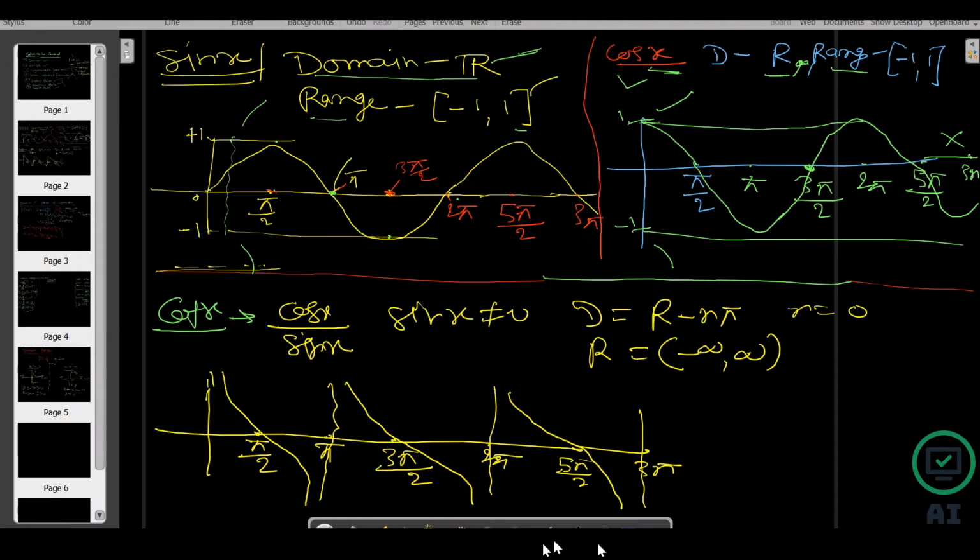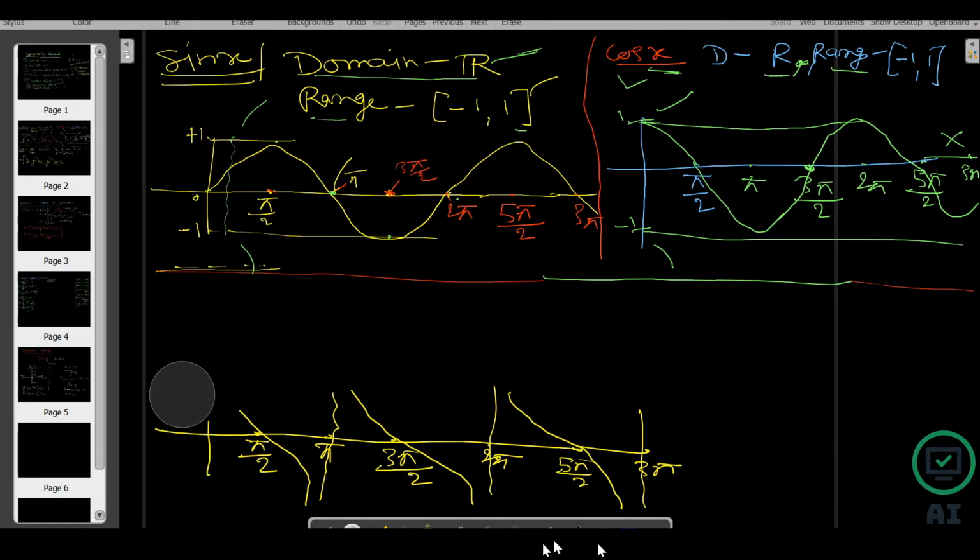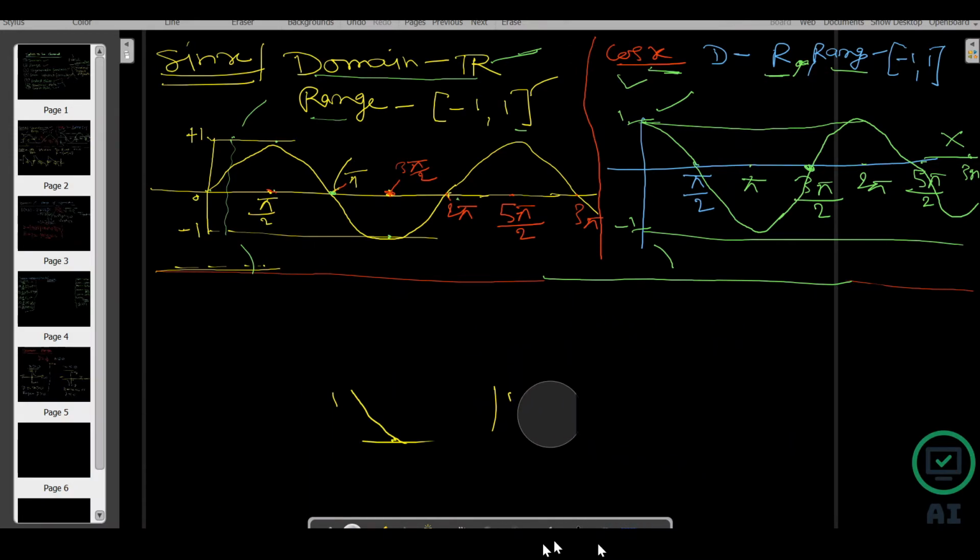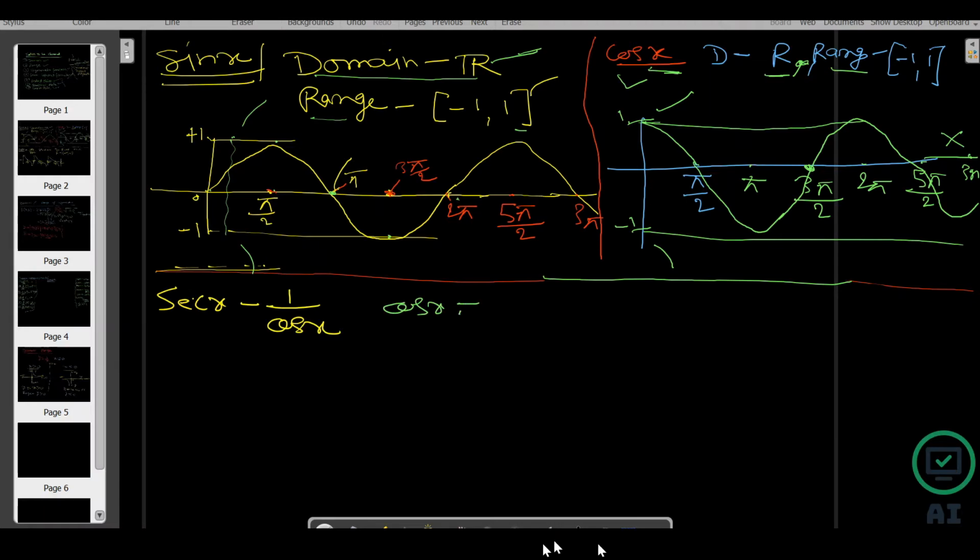So let's understand another one. Now let's see sec x. How to write sec x? It is 1 by cos x. So here the cos x should not be 0, otherwise this function will not be defined.